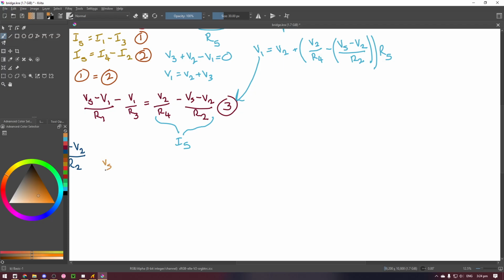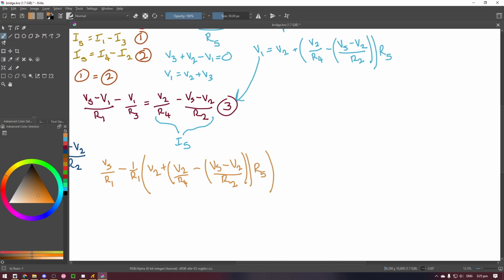So we'll split it out into Vs over R1 minus 1 over R1 times V1, which is V2 plus V2 over R4 minus V source minus V2 over R2, close brackets, R5.